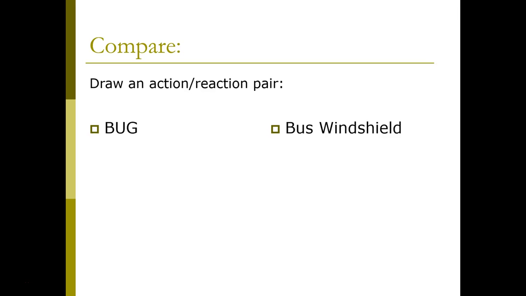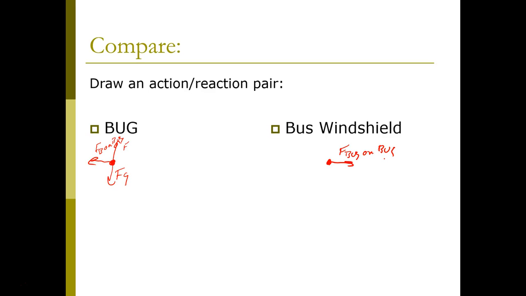Why is this? Well, let's see. So we have our bug, and we have the force of gravity. And we have some sort of force that's pushing us up because we're flapping our wings. And then we hit the bus, and bam, we have the force of the bus on the bug. For the bus windshield, however, we have the force of the bug on the bus.